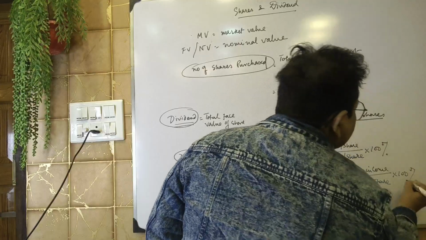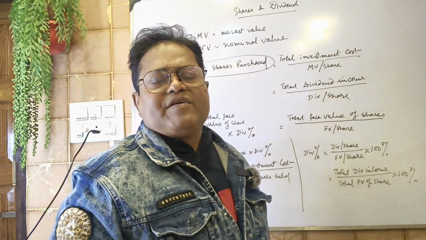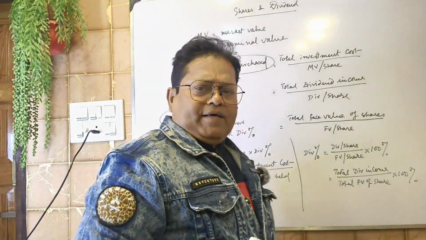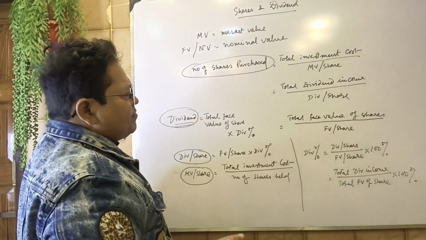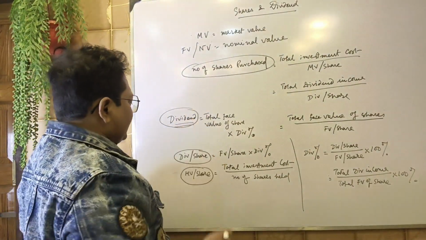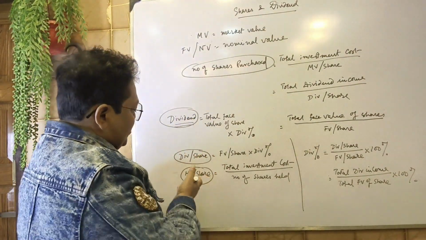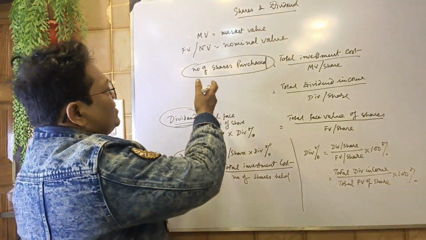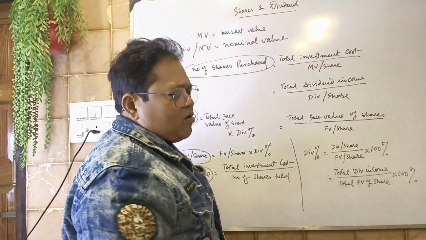That is, dividend is always calculated on the basis of the face value of shares. So dividend percentage you will get, dividend you will get, dividend per share you will get, market value per share you will get, number of shares purchased we have got.